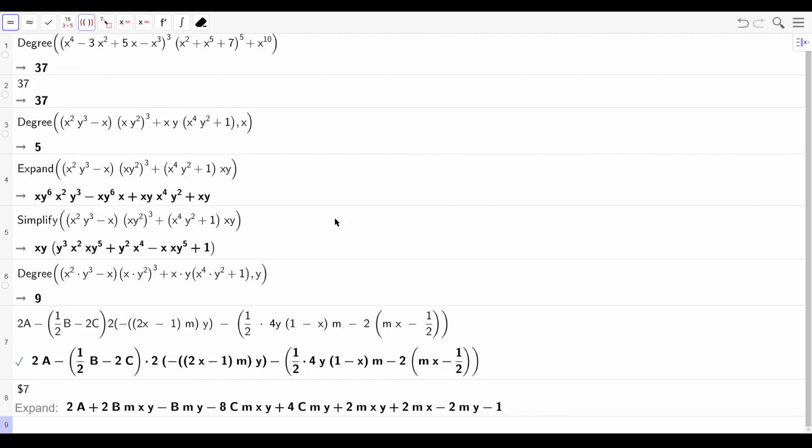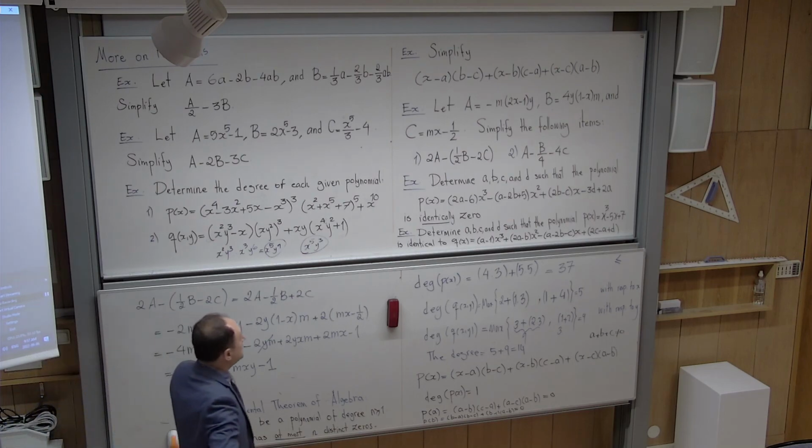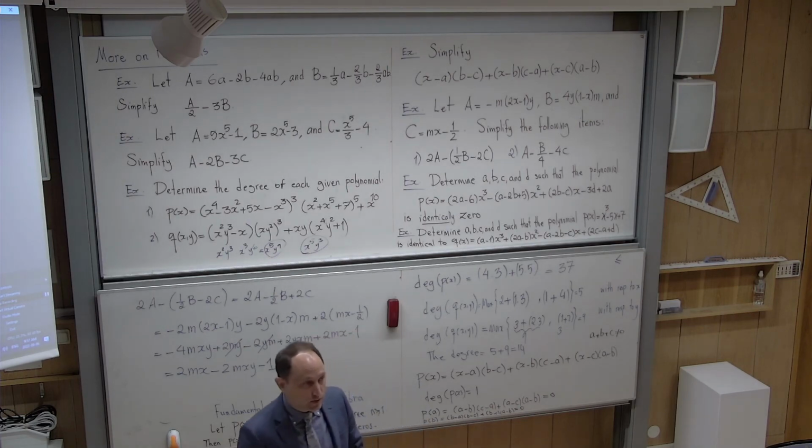Anyway, I will not be able to finish the next problem. This is a review from Math 2C we had. I will come back to this in the beginning of the next lesson because that's important. I will solve these two problems for you, and then I will actually move to the next lesson, which is algebraic identities, and they are extremely important. Any questions?